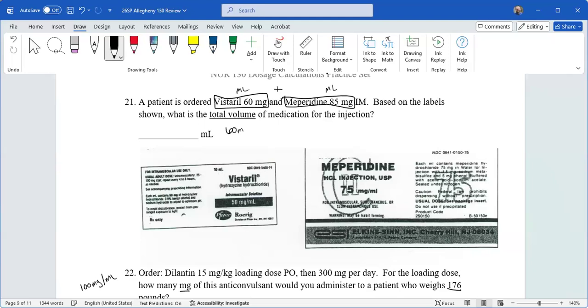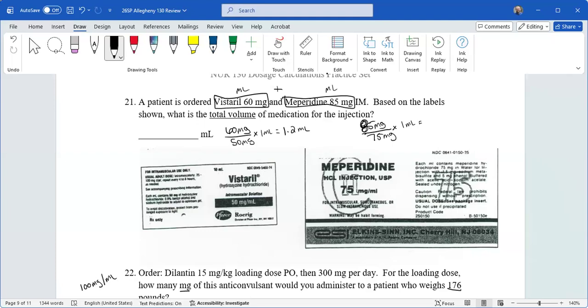I'm going to take my order of the visceral over my available. I'm going to do the same thing for the mepridine. I have 85 milligrams as my order, 75 milligrams is my available. 60 over 50 is where we're getting that's just 1.2.